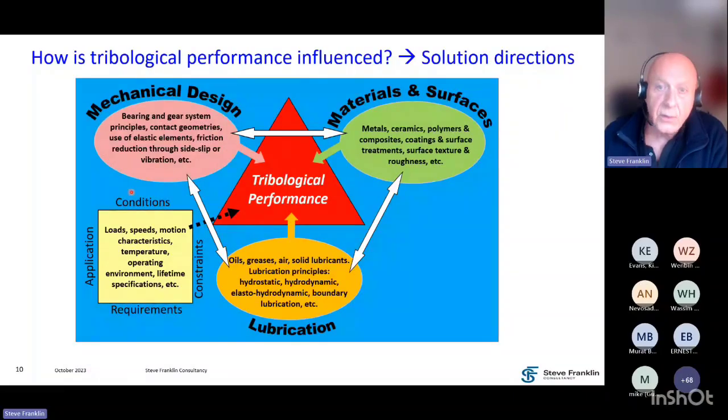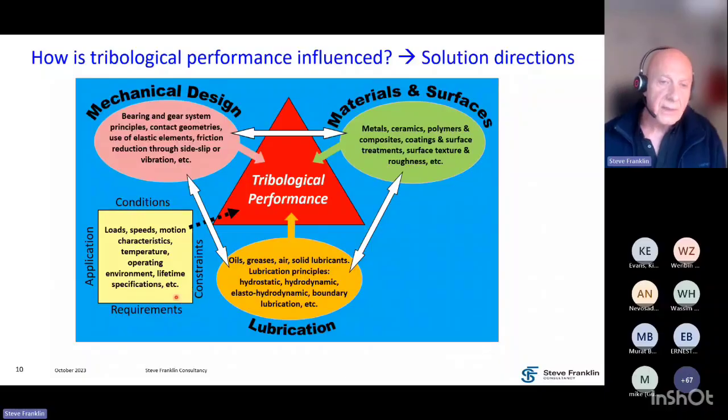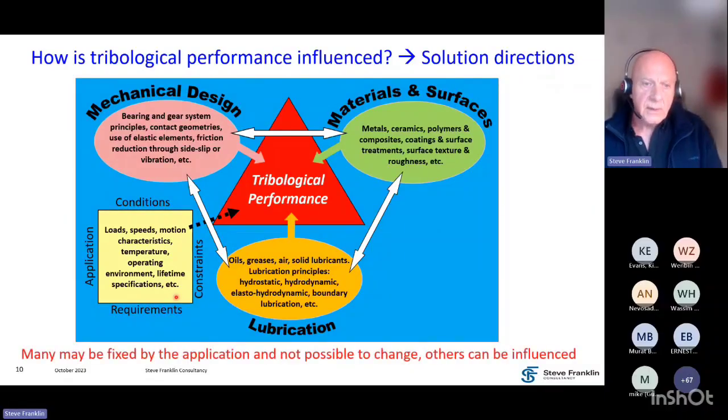A fourth area that also very much influences the tribological performance is, of course, all the application conditions, requirements, and the constraints of the application, like what sort of loads and speeds are going on, what is the type of motion that is occurring, the temperature, the operating environment, what is the lifetime specification, etc. And these are things in particular that may be fixed by the application and not possible to change, some of which can and some cannot be changed in order to influence the tribological performance.